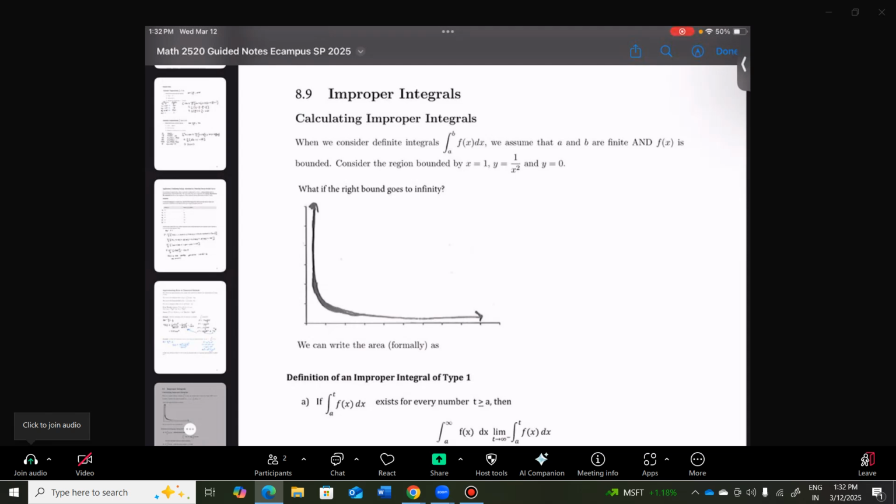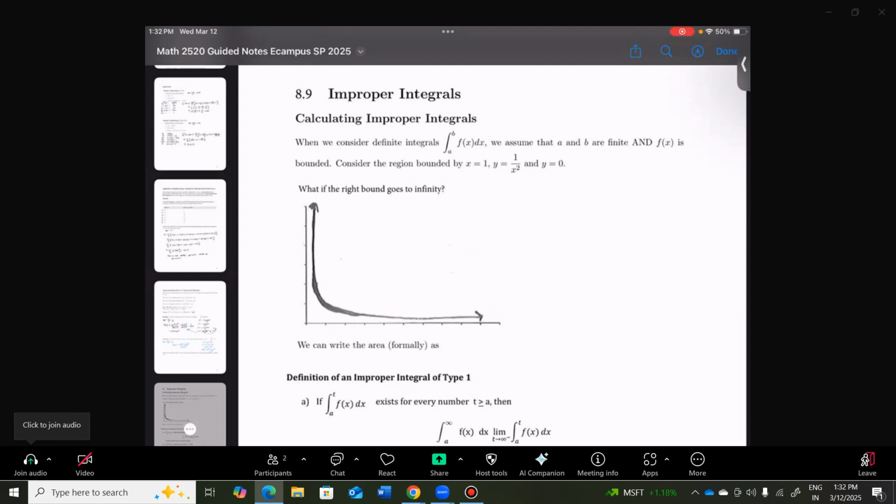But let's consider a region bounded by x equals 1, y equals 1 over x squared, and y equals 0. Something like the graph below. We have to ask ourselves what happens if one of the boundaries goes to infinity.